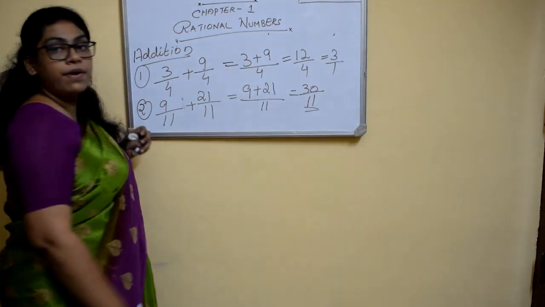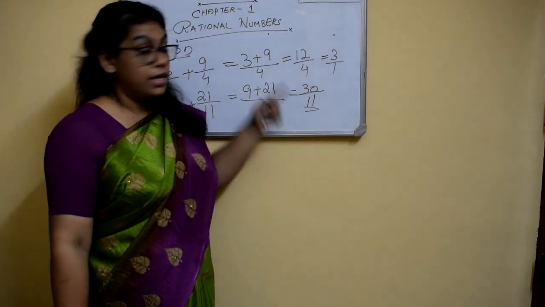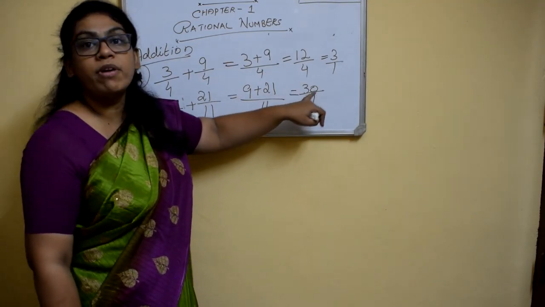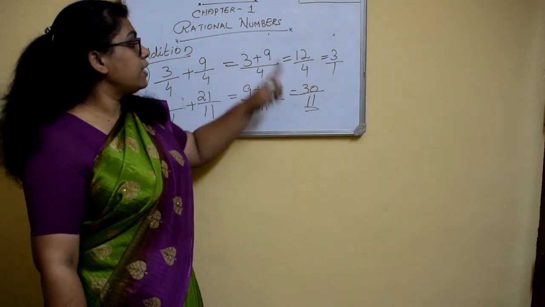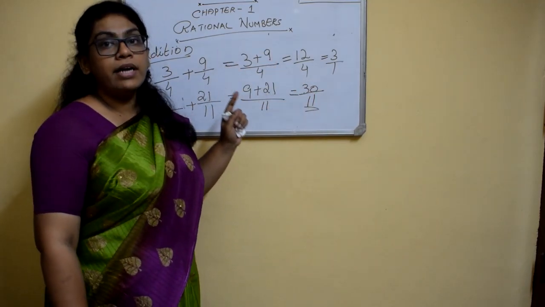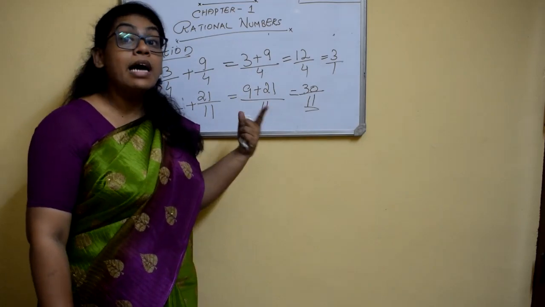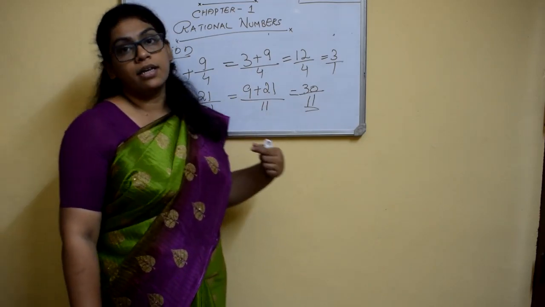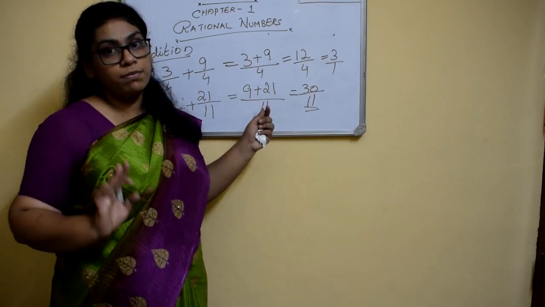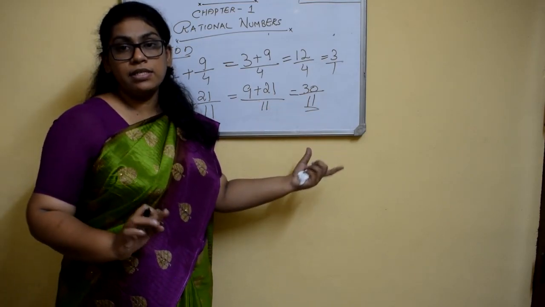After completing the answer, we should check if there is any common factor between them. If there is, we divide by that common factor and write the standard form of the answer. Here, in 30 by 11, there is no common factor, so 30 by 11 is the answer.